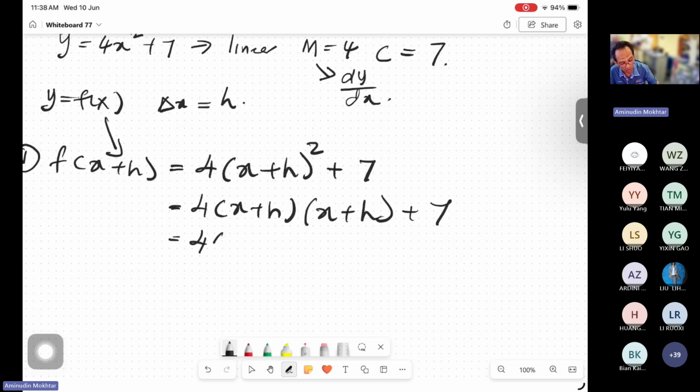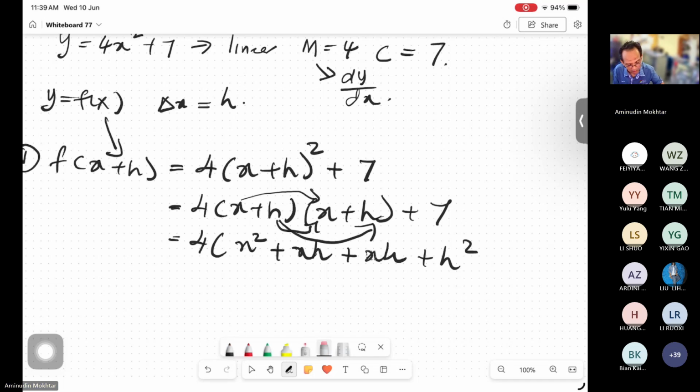So this is equal to 4 times: x times x is x squared, plus x times h, plus the second part h times x, another xh, and then the last one h times h, which is h squared, plus 7.